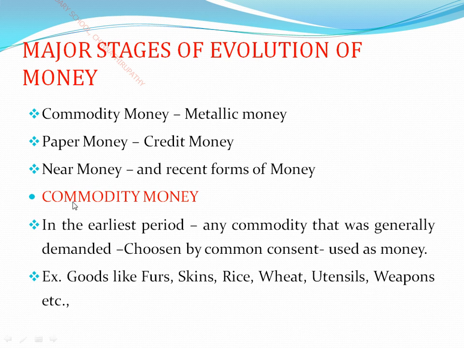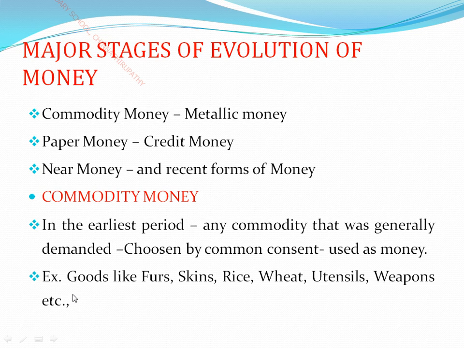It is called commodity money. In the earliest period, any commodity that was generally demanded, that means chosen by common consent, was used as money by the common people.